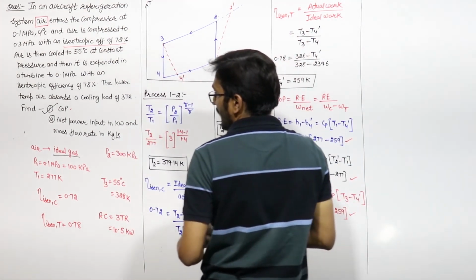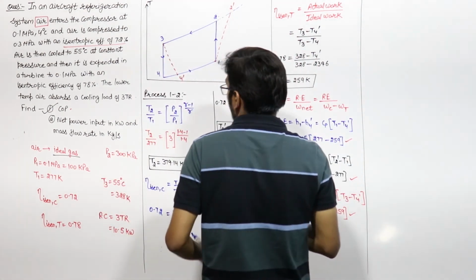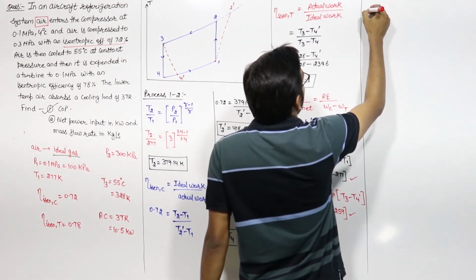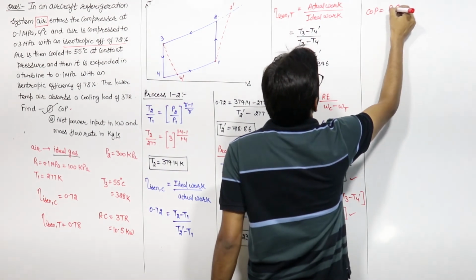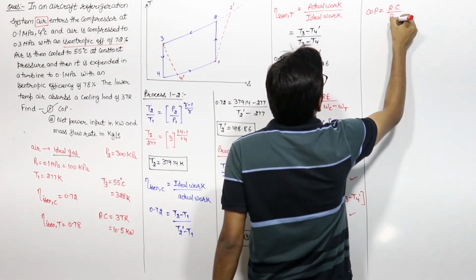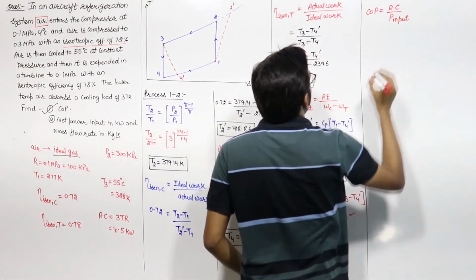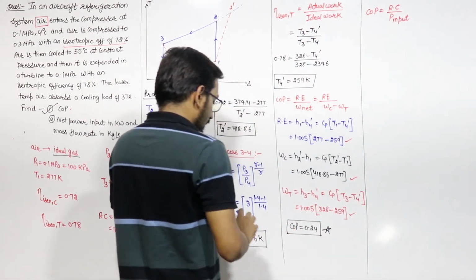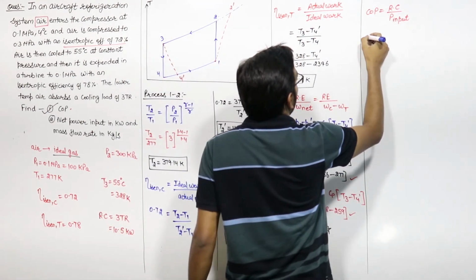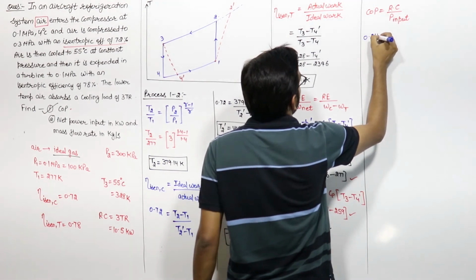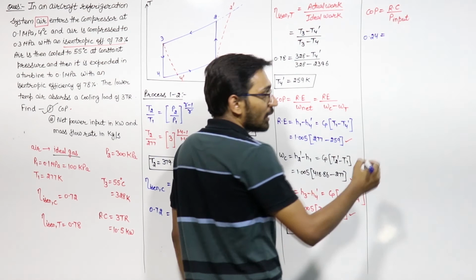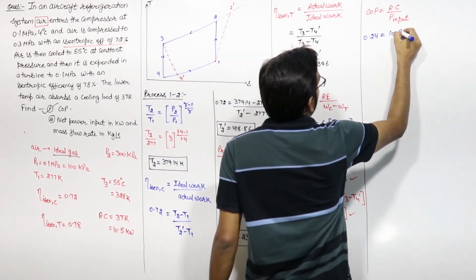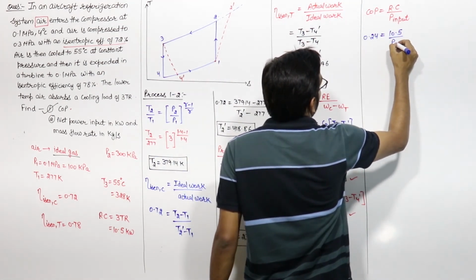Now what we have to find? Net power input. Okay, so we know that COP will be equal to refrigeration capacity upon power input. Now what is the COP? 0.24 is equal to refrigeration capacity, how much is it given? 10.5, divided by power input.